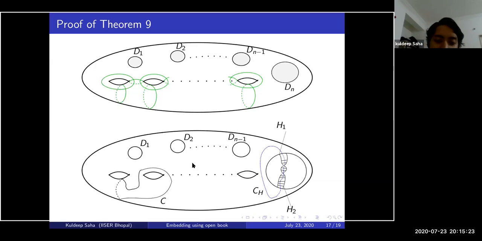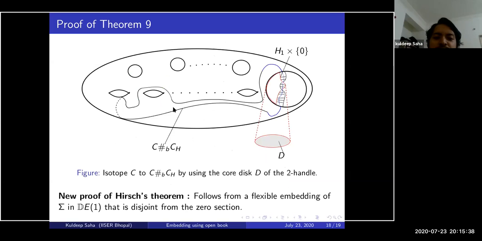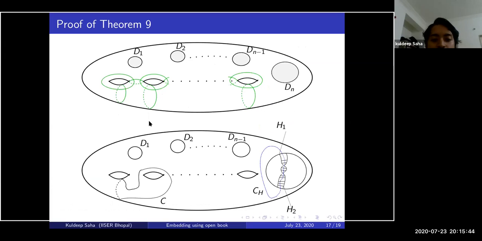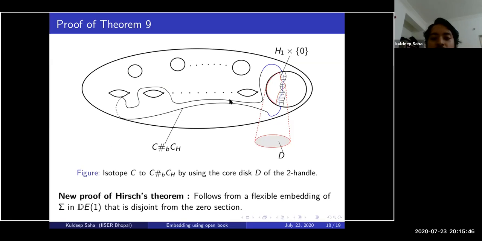Then if you take any simple closed curve C on your surface, you can isotope it near CH, a curve that passes through the twisted region of the Hopf band. Using this disk, you can isotope C to the connected sum of C with CH. So given any simple closed curve C, we can isotope it to a curve which has a Hopf annulus neighborhood, because this contains the twisted region. And that is what we wanted initially.